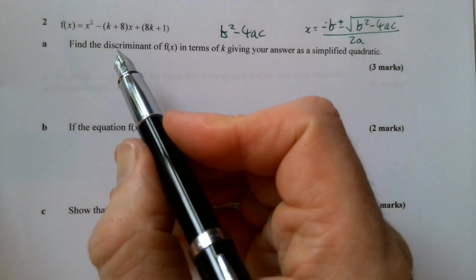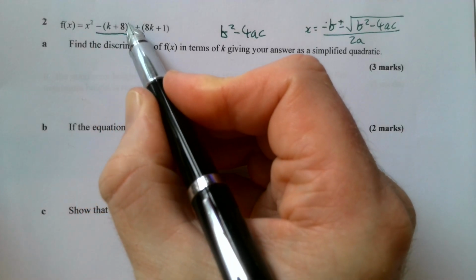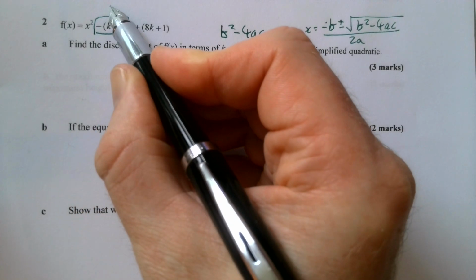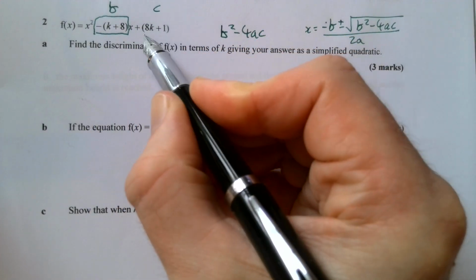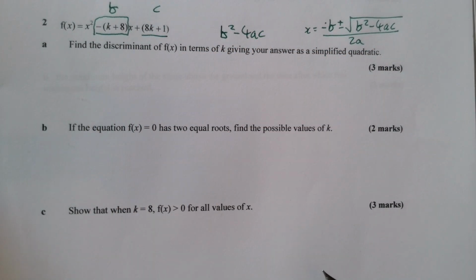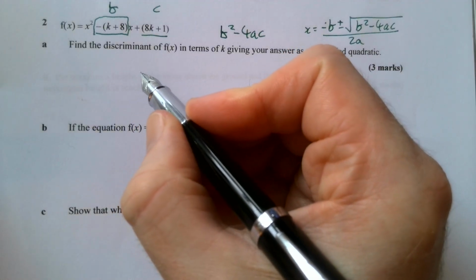So anyway, we have got our b is negative k plus 8, and our c is 8k plus 1. So b squared will be negative k plus 8 all squared.